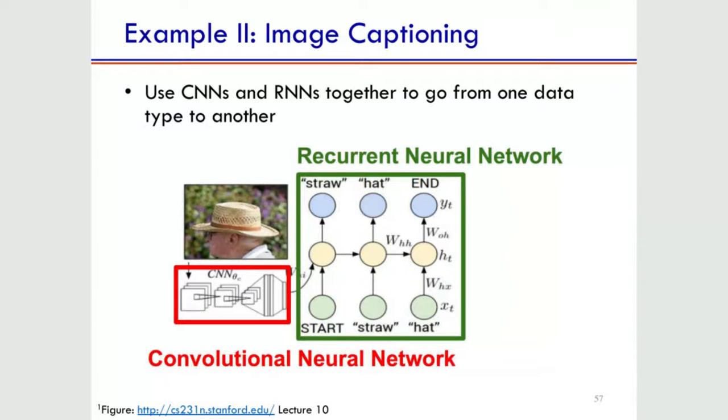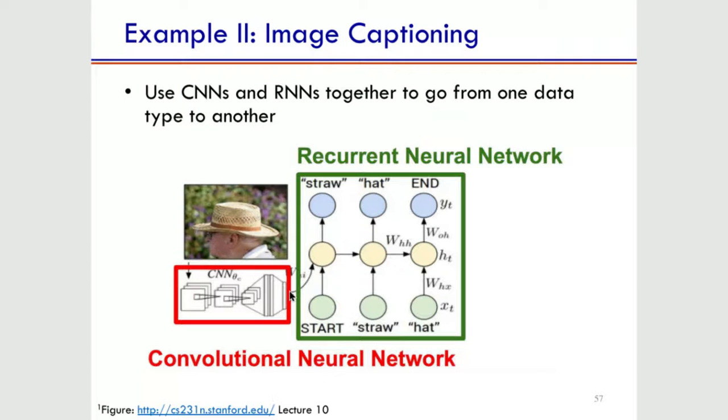The second application is image captioning. You have the usual RNN, but for the starting hidden node you can input the image embedding. Remember, image embedding is just the activation vector for that image at some later layer, like the last but one layer.